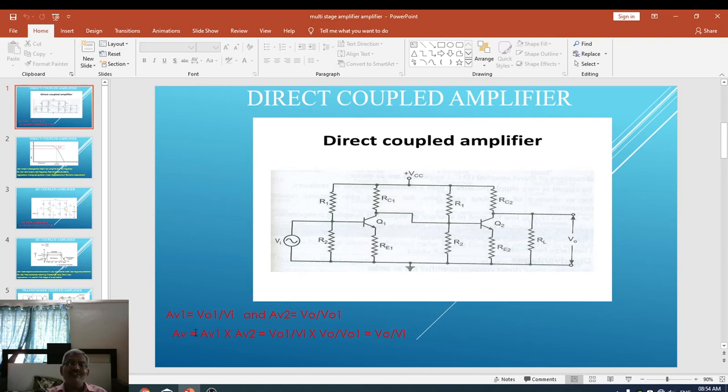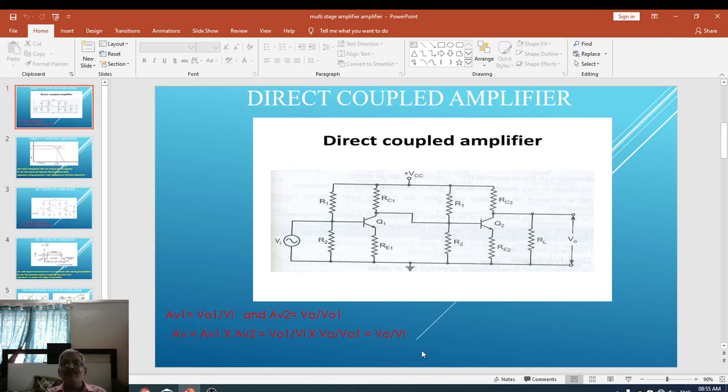So we can say the net gain of the two-stage amplifier is AV equal to AV1 into AV2, that is equal to VO1 upon Vi into VO upon VO1. Obviously VO1 will cancel and we get the net gain as VO upon Vi. Thus the net gain of the two-stage amplifier is VO upon Vi.